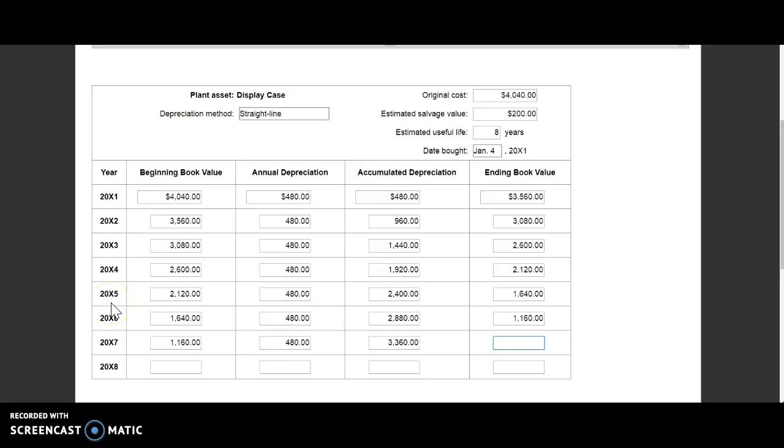Figure out our year 7 ending book value. Carry that number to our year 8 beginning book value. Same depreciation. Our new accumulated depreciation.